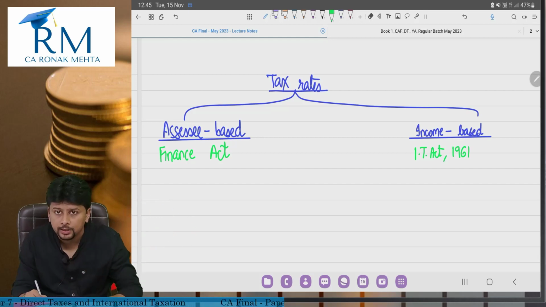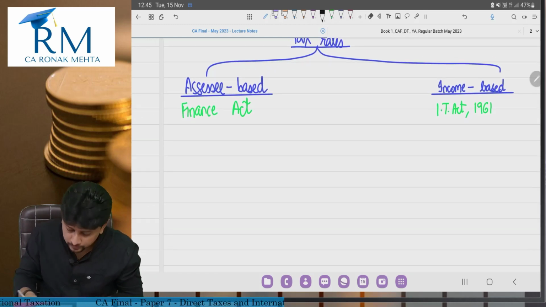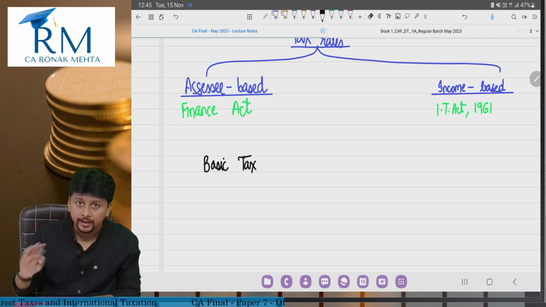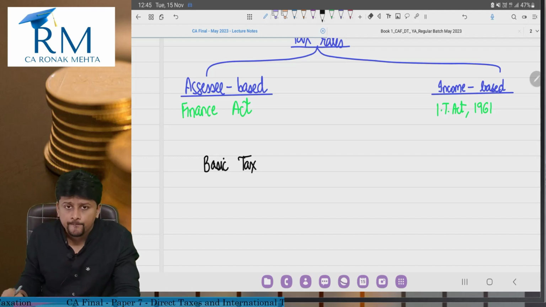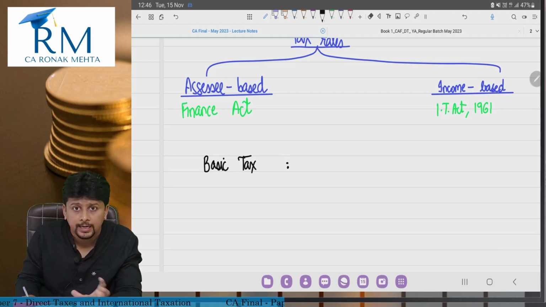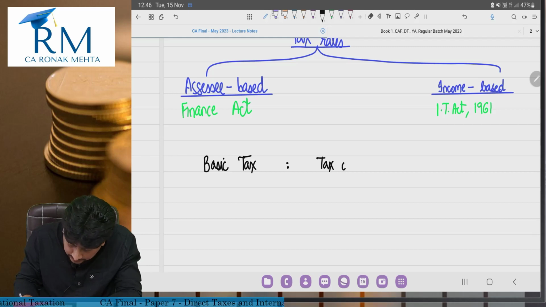Your tax calculation comprises four things. One, what I call basic tax. Just to avoid confusion, I call it basic tax. If you want the accurate nomenclature that ICAI uses, it says tax on total income.